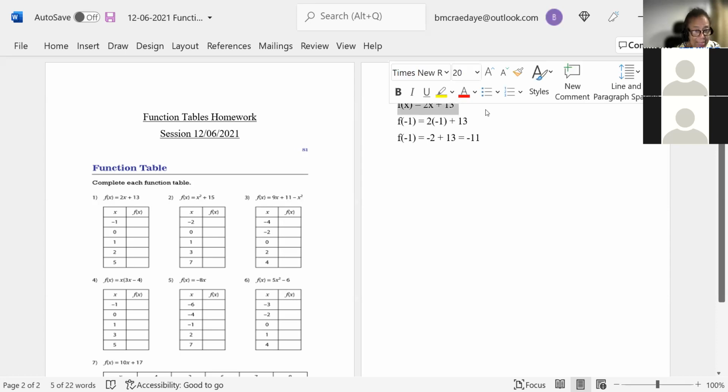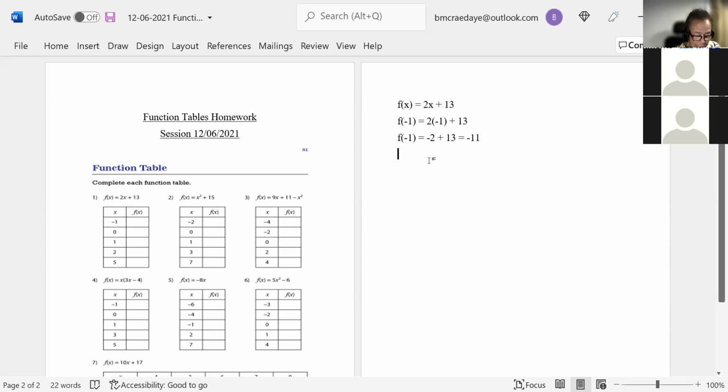Just copy this again. And now our x in the table is 0, right? So wherever you see the x, just put that here. So the input is 0. So let's just put the 0 here, and for the x, we put 0. So what's the answer for this one? What's f of 0, Chastity?